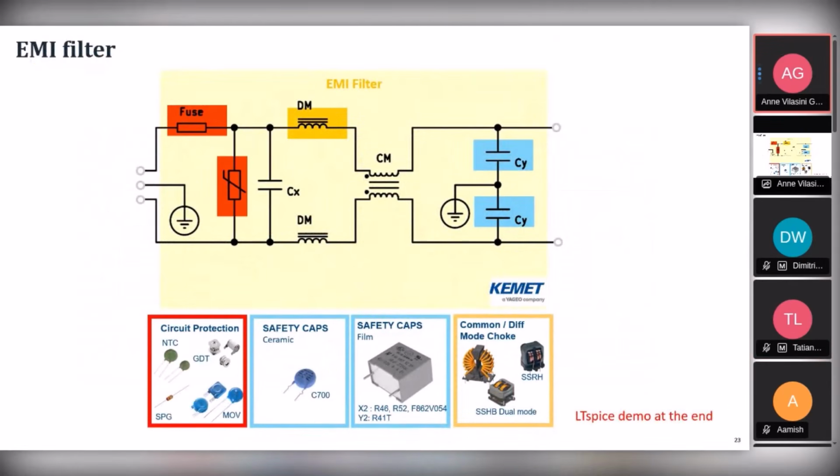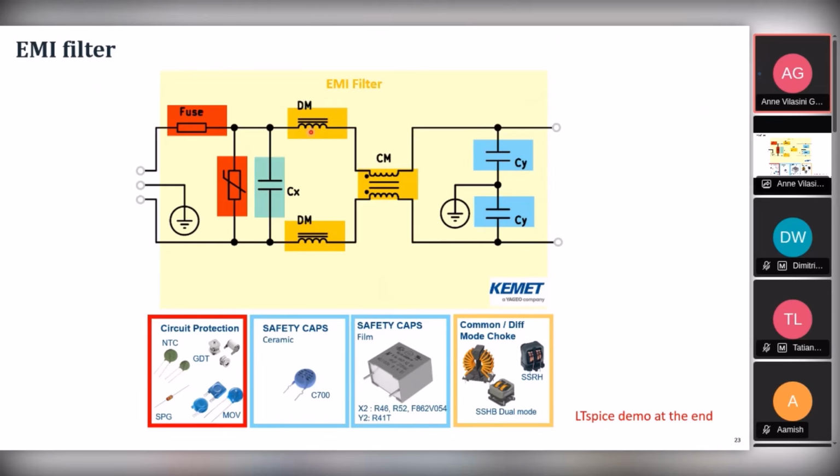So this is an example of a typical EMI filter. You can see the common mode choke here along with the Y capacitors are helpful to filter the common mode noise. And the differential mode inductance and the X capacitor is useful to solve the differential mode noise.